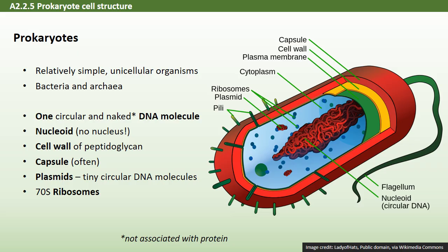They have 70S ribosomes. The point here is that their ribosomes are different from those in eukaryotes. They have pili, which are used for different things, for example, to attach to other cells. And they have a flagellum, which allows them to move.